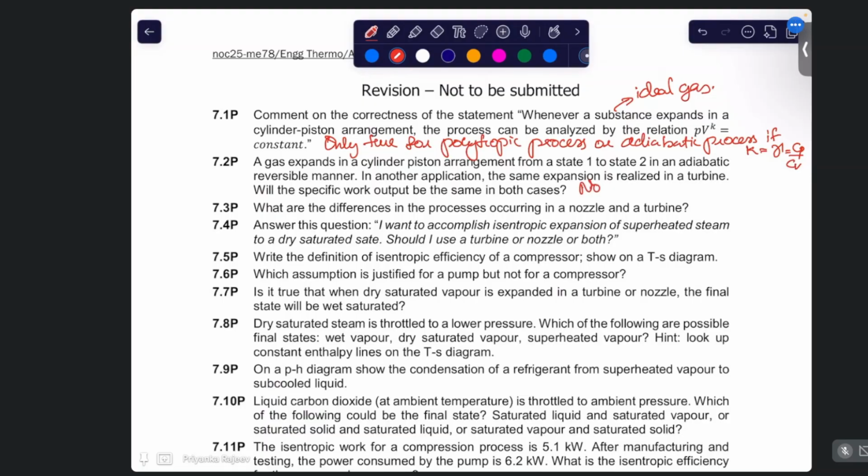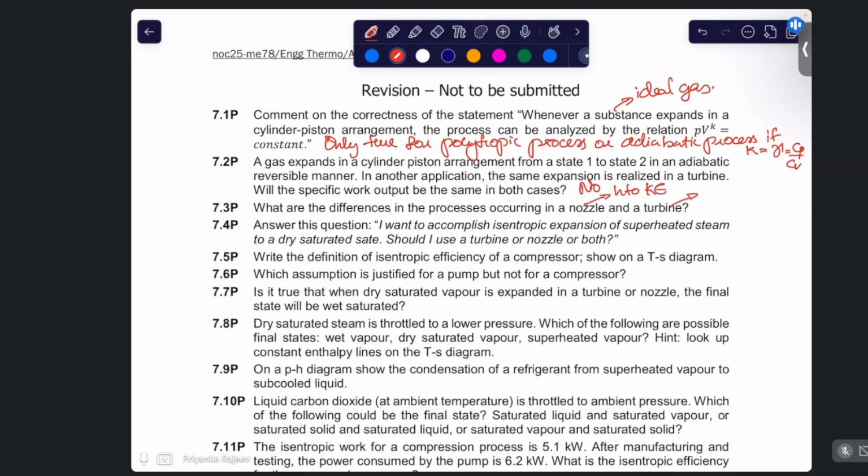Answer is no. What are the differences in the processes occurring in a nozzle and a turbine? A nozzle accelerates the fluid from high pressure to low pressure. So it is converting enthalpy into kinetic energy, H to K. And in a turbine, what is happening? A turbine extracts shaft work by expanding fluid from high pressure to low pressure.